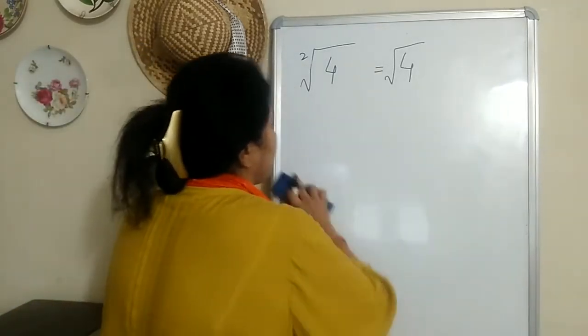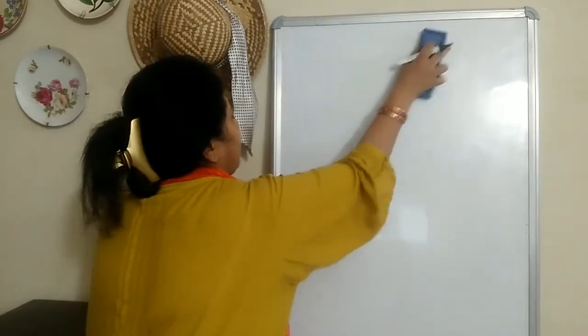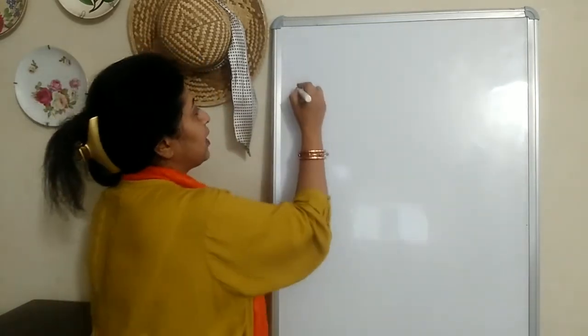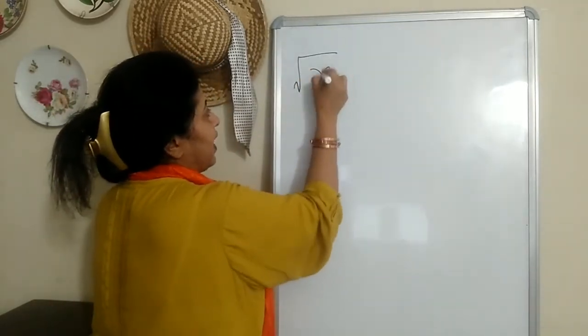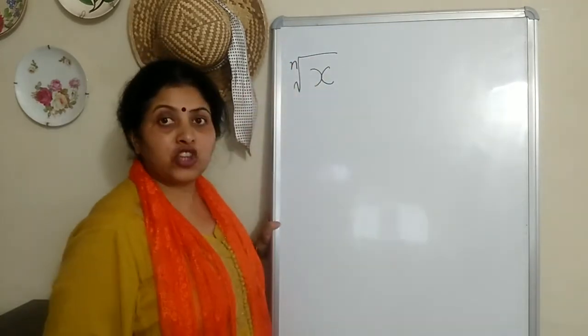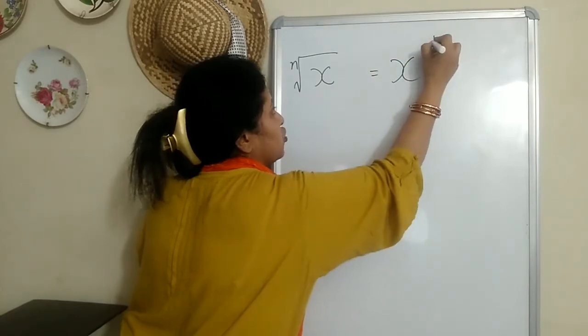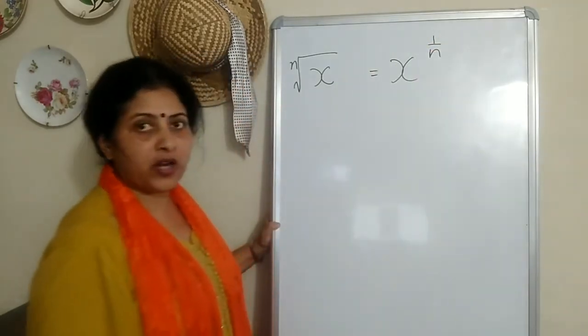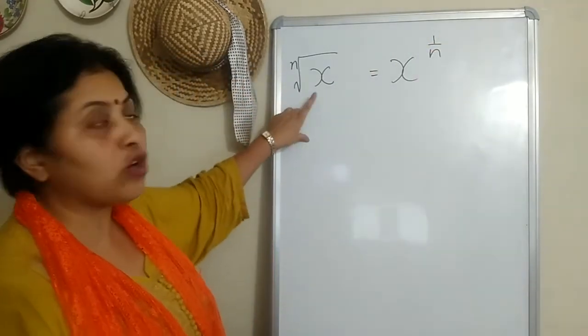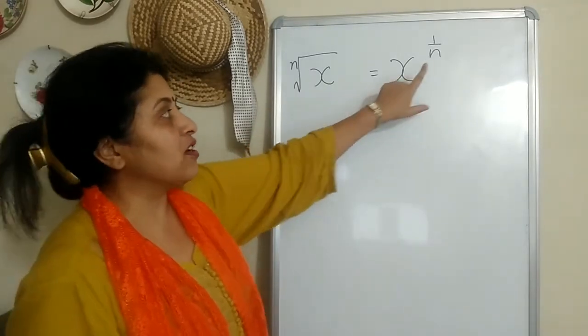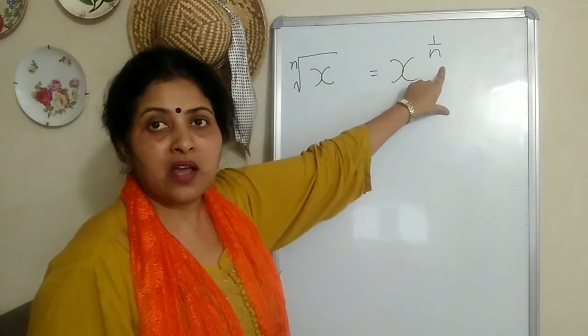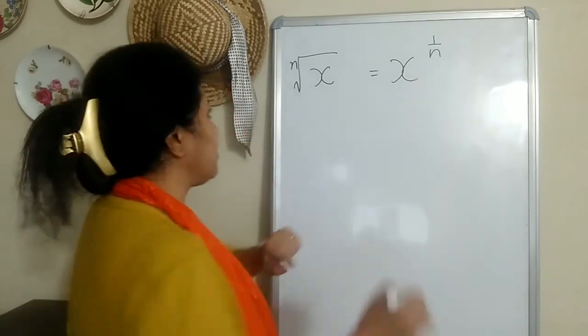What I want you to remember is that if I have something like this, the nth root of x, this means that this is x raised to the power 1 upon n. Nth root of x means x raised to the power 1 upon n.